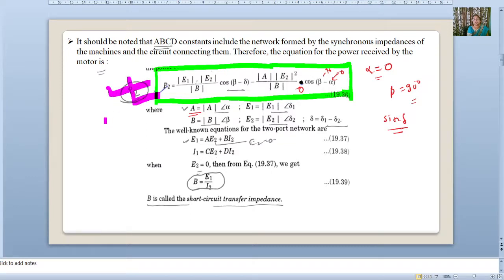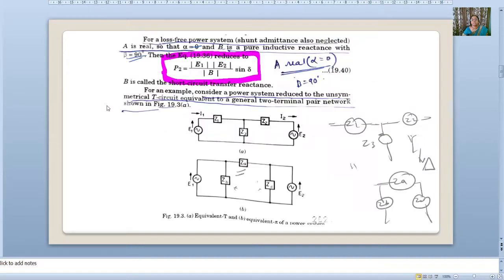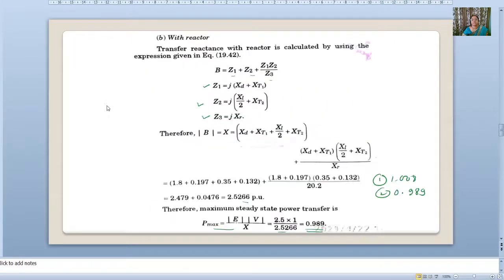E1 into E2 by V into cos of beta minus del, minus A E2 square upon V, this B is mod of B, into cos of beta minus alpha. When a resistance is connected, then we'll use this formula. Okay, this is 19.36. Now we'll see what we have done in that example.